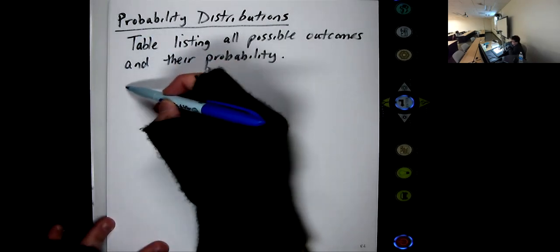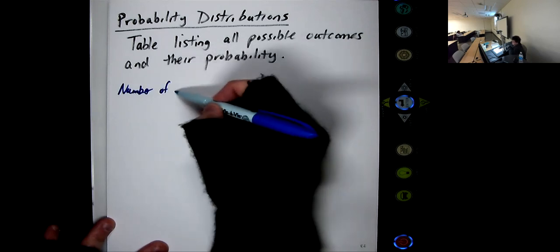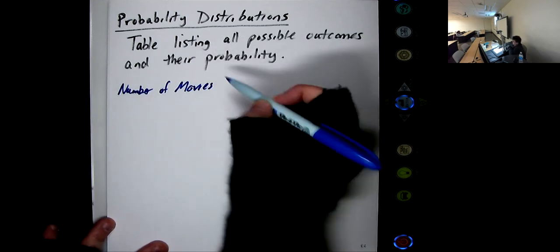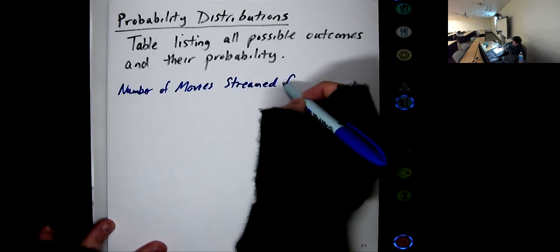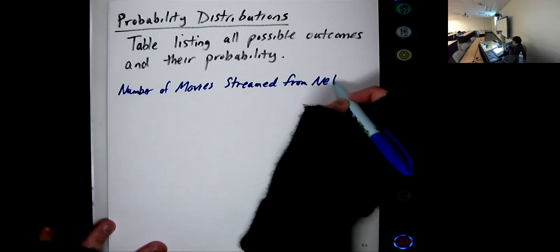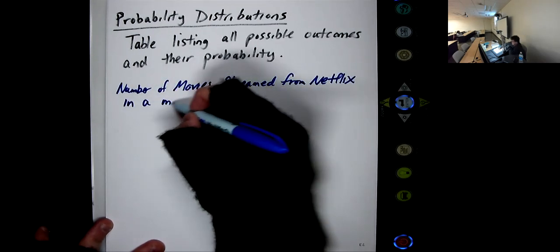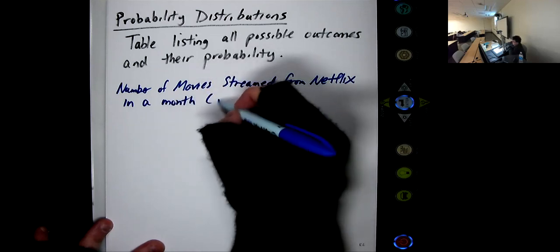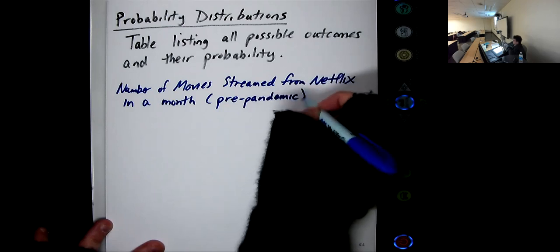So we're going to look at the number of movies, for example, streamed from Netflix in a month. And these are definitely pre-pandemic numbers because that skyrocketed during the pandemic.